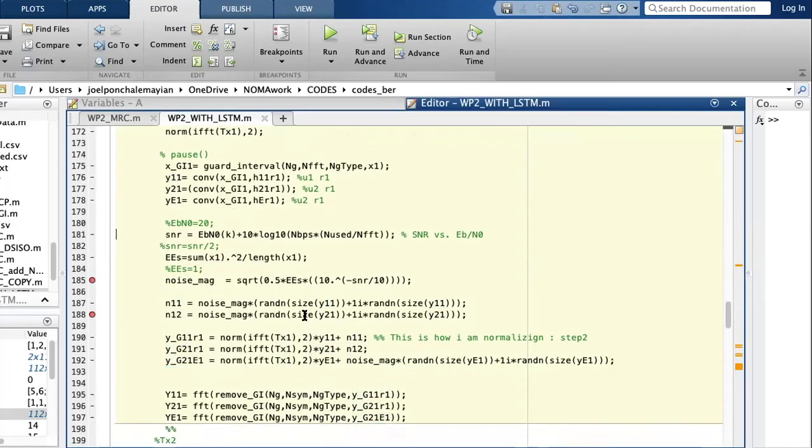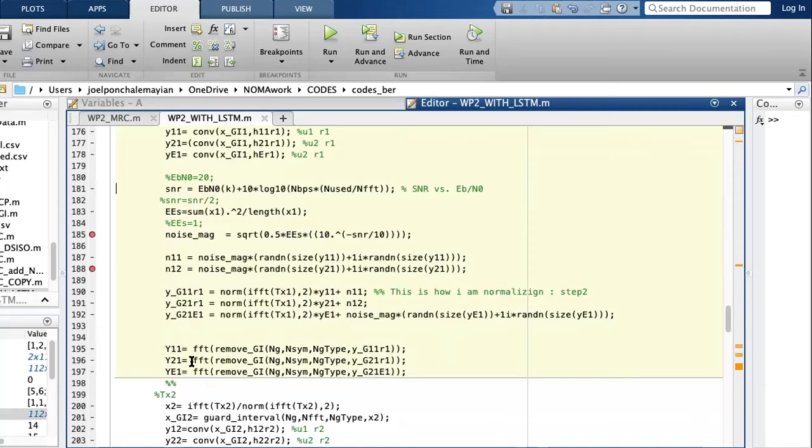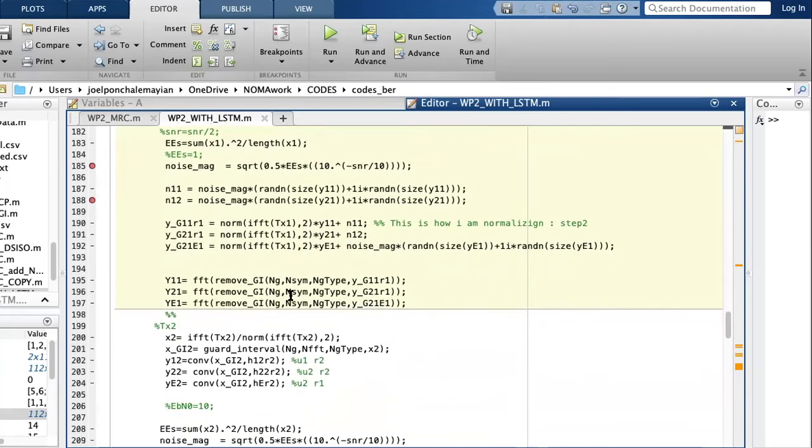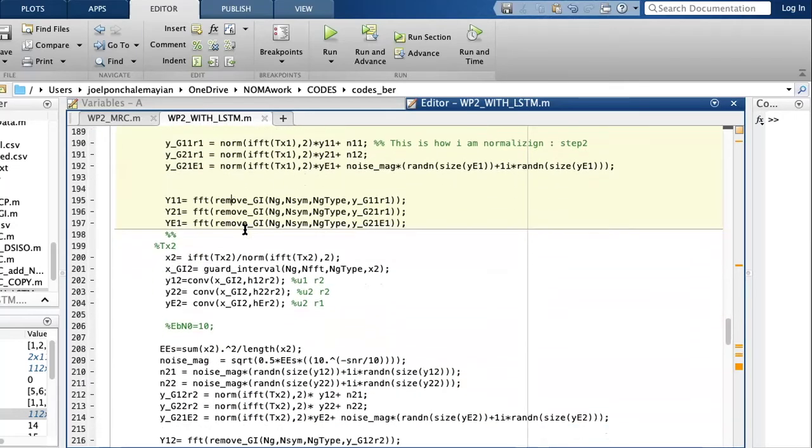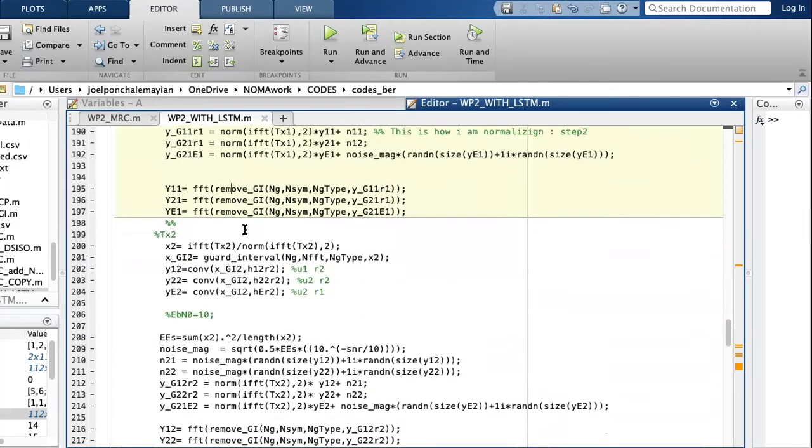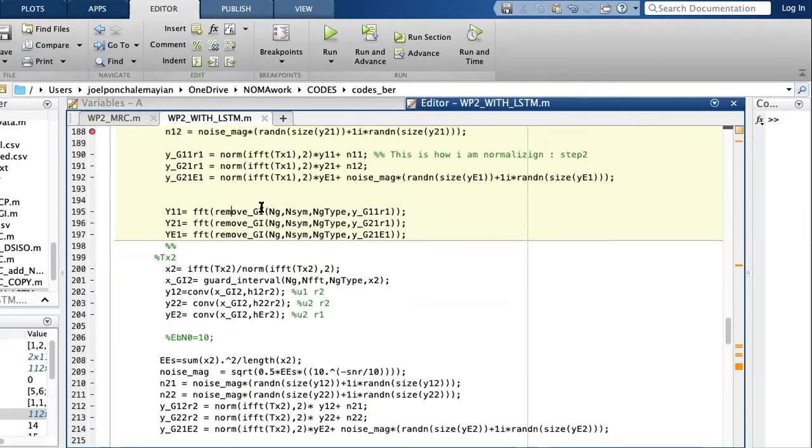So after you do that, now you have transmitted it through the channel. Now we need to remove our guard intervals, which we put recently, for you to be able to get Y11, Y12, and this one.